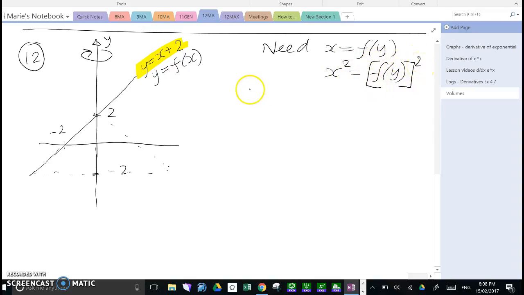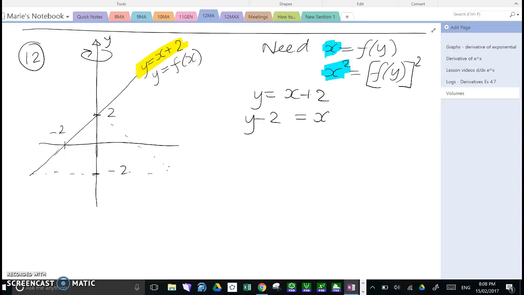So I've got y equals x plus 2. And I'd like to get x the subject to that, so I'm going to take 2 off both sides. Okay, I've got x. See where I'm headed? I wanted x, got that. Now let's go for x squared. So x squared now is just going to be y minus 2 all squared.